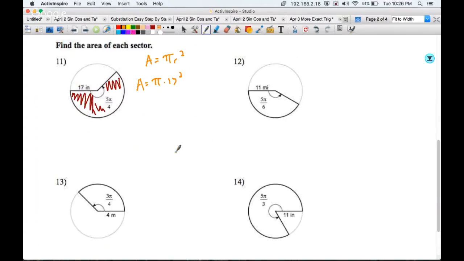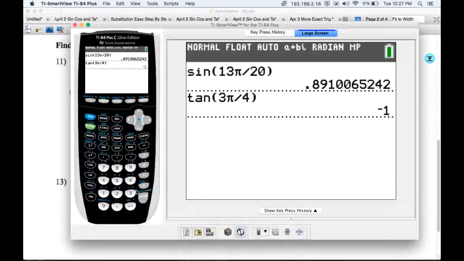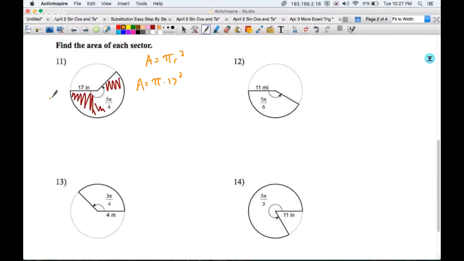17 squared I do not have memorized, so I'm going to look that up. 289. So the area of the whole circle is 289 pi inches squared. This 5 pi over 4 is what portion of the whole revolution?